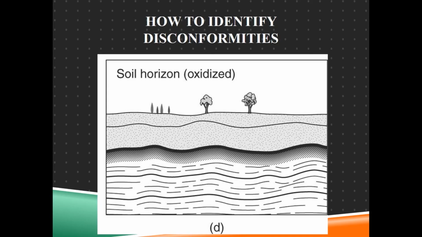So anytime there's a soil horizon, which is distinctive to a geologist, you know that that was the ground. That meant there wasn't deposition, there was erosion, there was plant life and animal life maybe. There was stuff going on at the surface, time passing without deposition, then things get deposited on top.